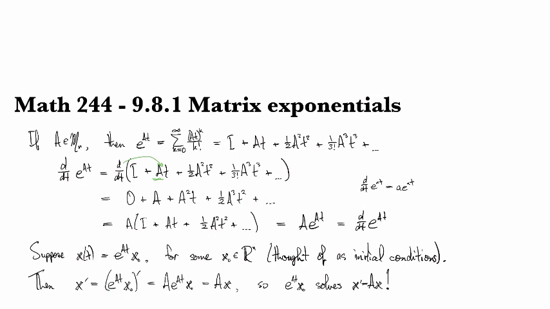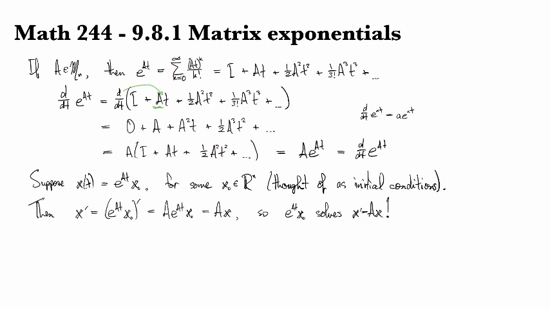Okay, so that's nothing short of miraculous, right? So putting this all together then, we've got a square n by n matrix, and we've got some vector of initial conditions. So we've got n initial conditions.